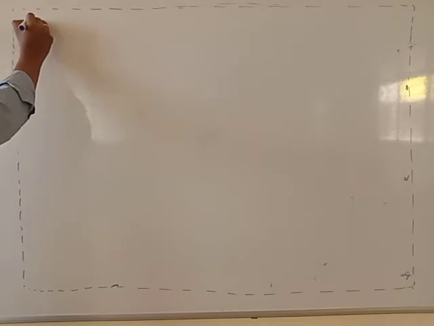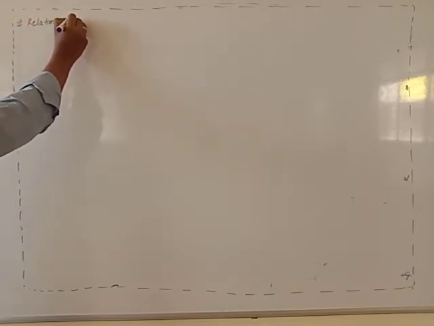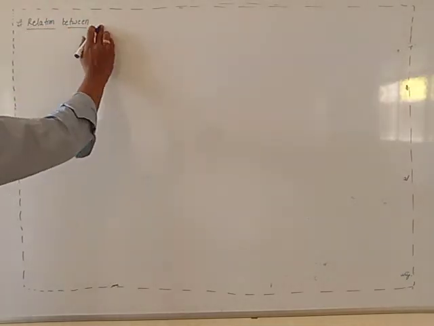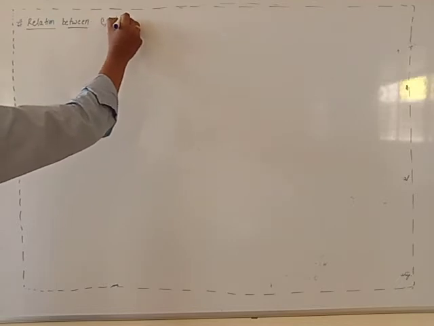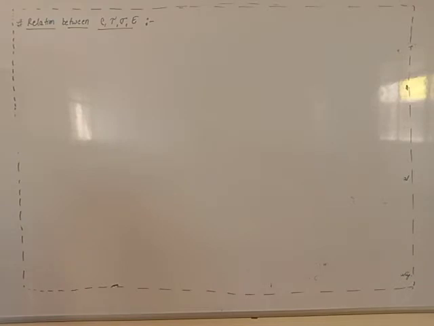Or else I'll read this concept as the relation between rho, tau, sigma and E.